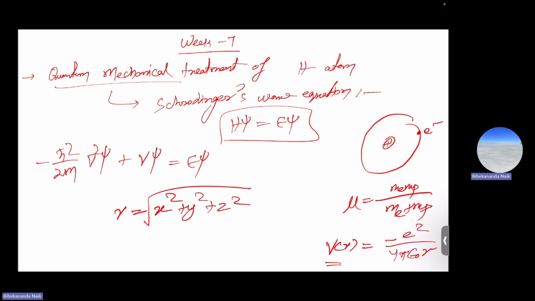And if we convert r to x, y, z, it will be quite difficult for variable separation. So what we will do is solve the Schrodinger wave equation in spherical polar coordinates itself.